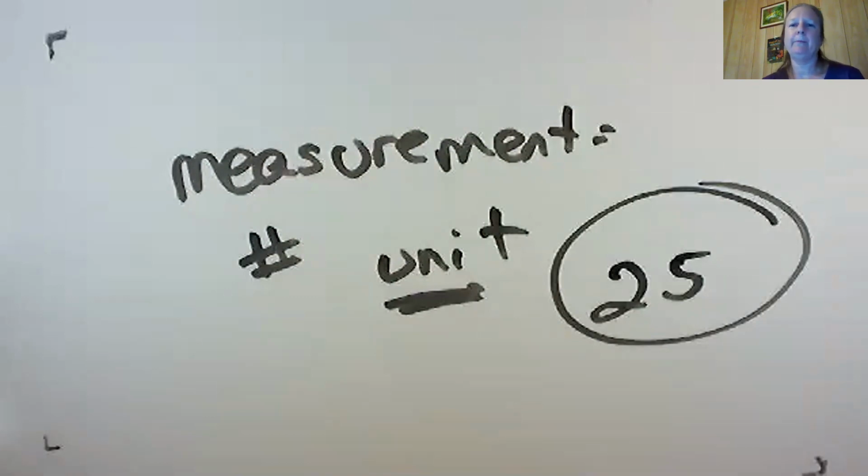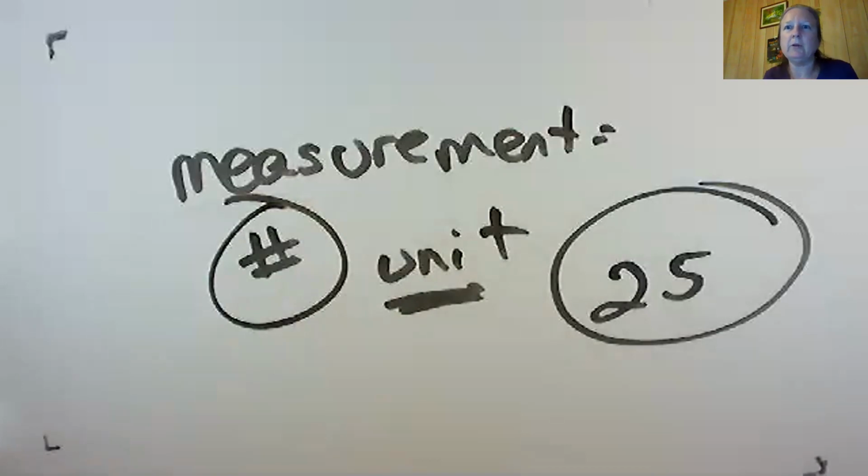No. Because 25 what? Am I giving you 25 free points on your test? You'll be excited. Am I giving you 25 cents? Yawn. Am I giving you $25? Okay, that sounds better. But if I just tell you I'm giving you 25, that's useless. You're like, yeah, and so what?